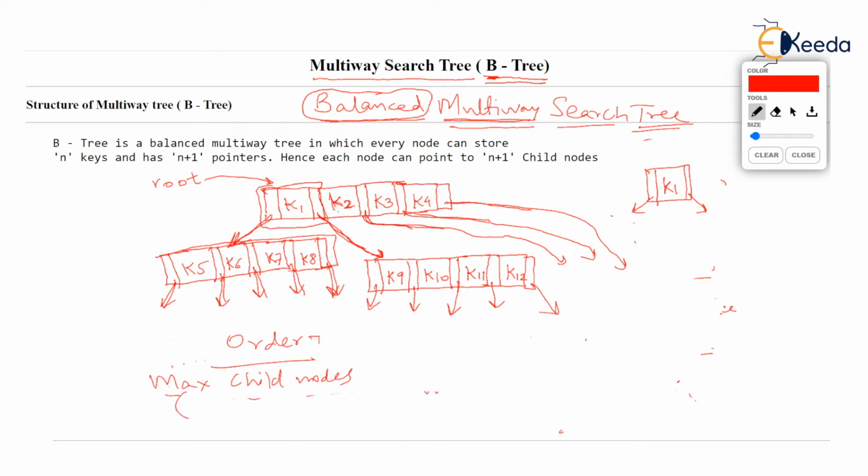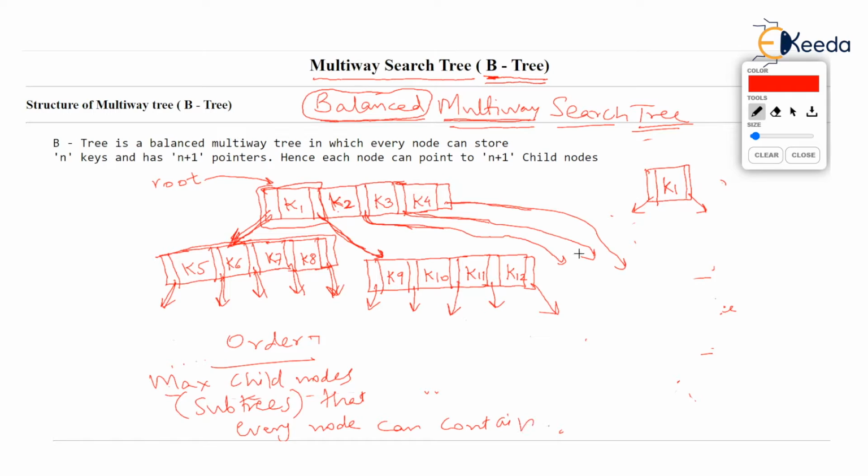Many authors call it as subtrees also. Yeah, you can see the left of K1 over here is pointing to a subtree. This is nothing but a small tree or a tree in itself. So what is order? Max child nodes or subtrees that every node can contain or every node can point. That's order.